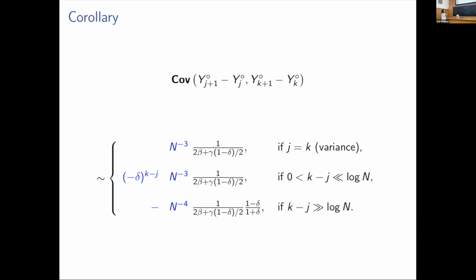When the distance between the spacings is up to order log n, the covariance is of order n to the minus q, but here is a term which is exponentially decaying. So when k minus j becomes very large, this term is not the major one, and the major term is n to the power minus 4, and it stays with the minus.